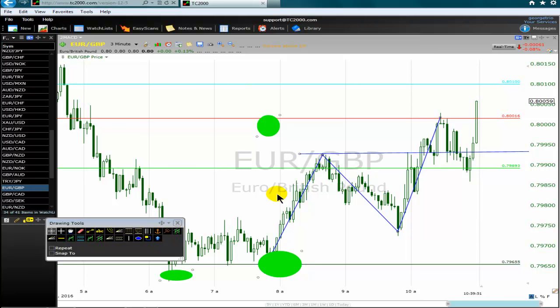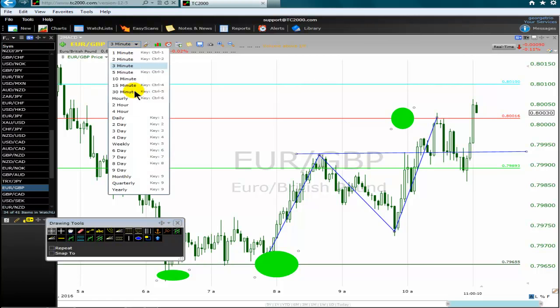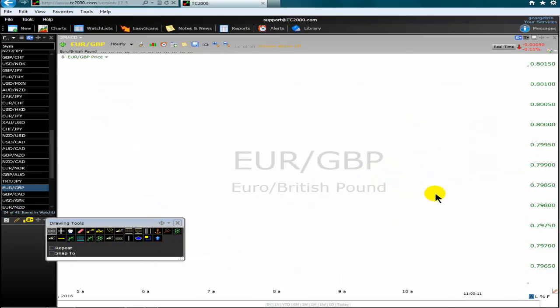But remember, the key point for this trade is this red line. If it goes above this red line and finds support and starts forming higher lows and highs, it means that it's now bullish. Are you with me? Because on the hourly chart, we say the minimum price move is 3.